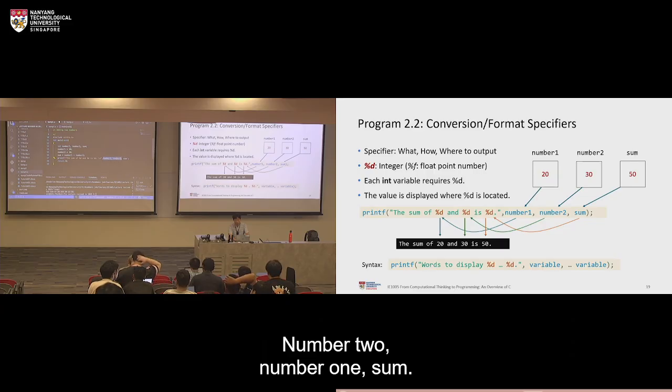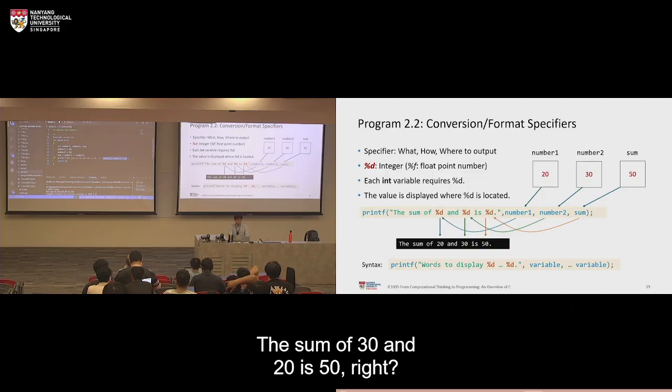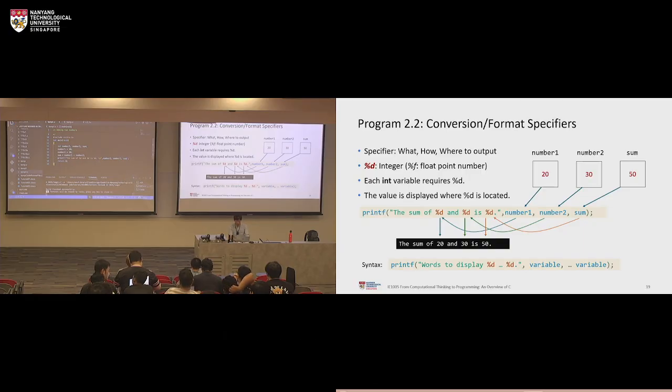Number 2, number 1, sum. Then what is the expected outcome? The sum of 30 and 20 is 50, right? Yes, exactly, right here.